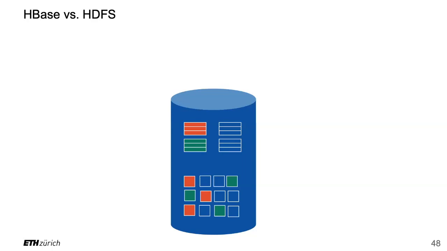Now, what is going to happen now that we let the system evolve, right? So people use the database, the system continues to evolve and so on. Well, what happens with HDFS, you might remember, is that the blocks get spread a little bit over the cluster. And if some of the nodes are overloaded and some of the nodes are less overloaded, then the name node in HDFS is going to move blocks, right?